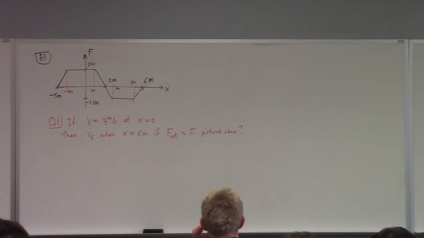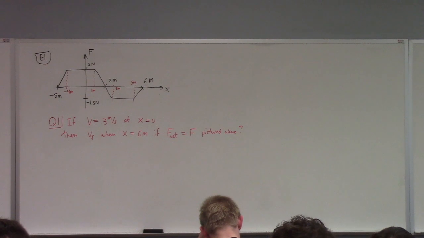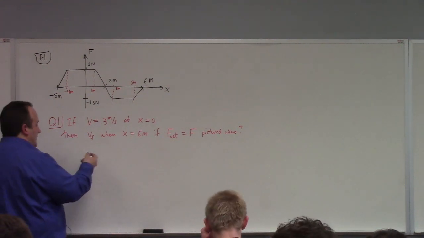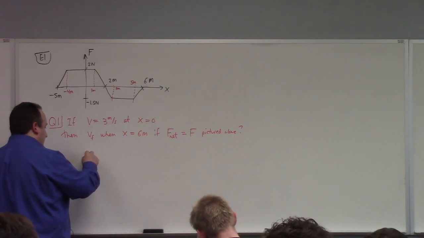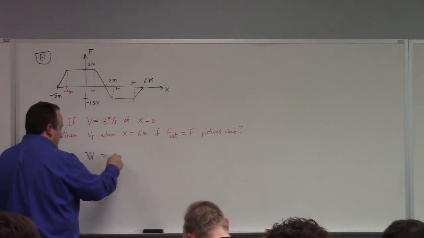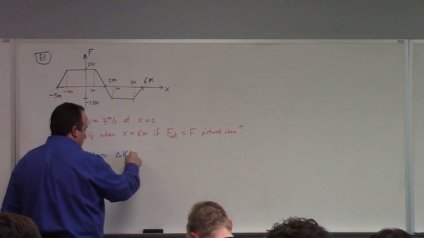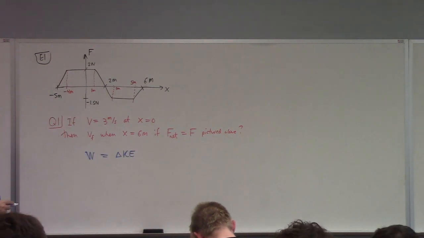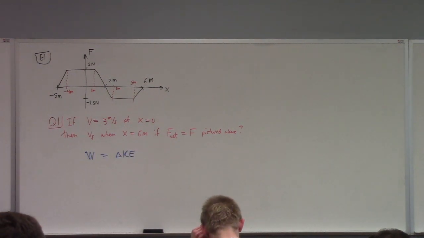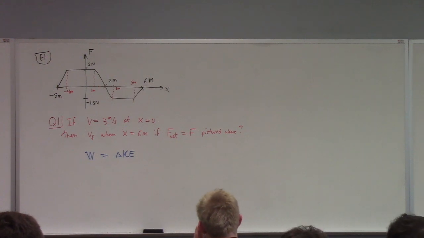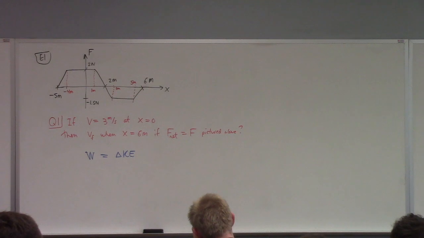So context here, we're talking about one-dimensional motion, right? So what's the theorem we need to use here? What's the physical idea? The work done is equal to the change in the kinetic energy. Right? So admittedly, we're missing some information, aren't we? Yeah, the work energy theorem.